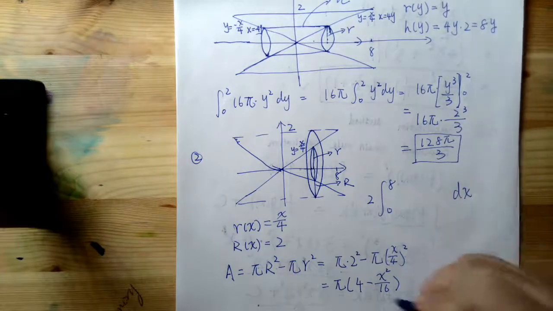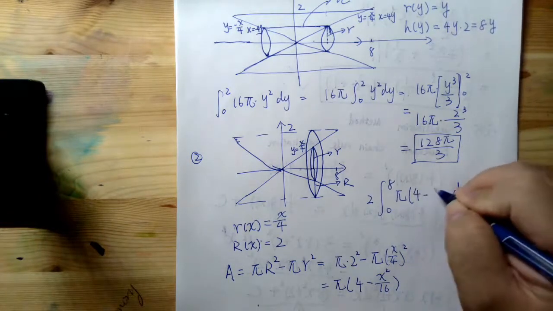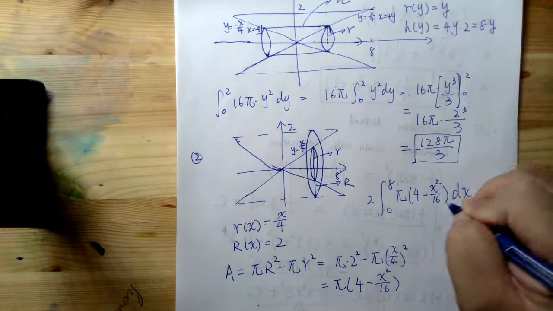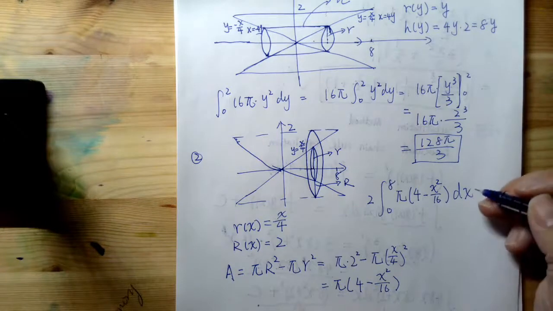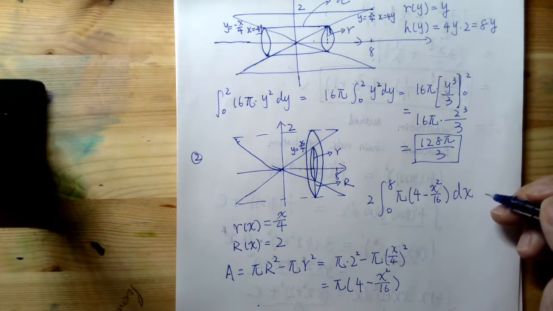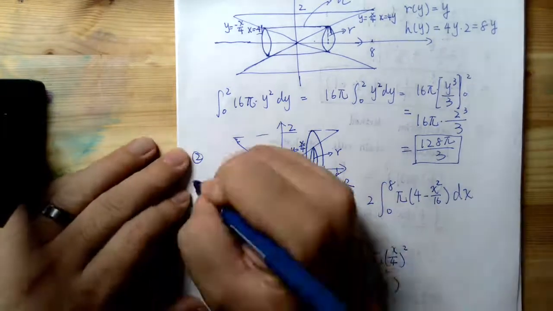And then we can put this back to here, which is pi times 4 minus x squared over 16. And up to here, we have already formulated the integral for the volume of this revolving solid using the washer method.